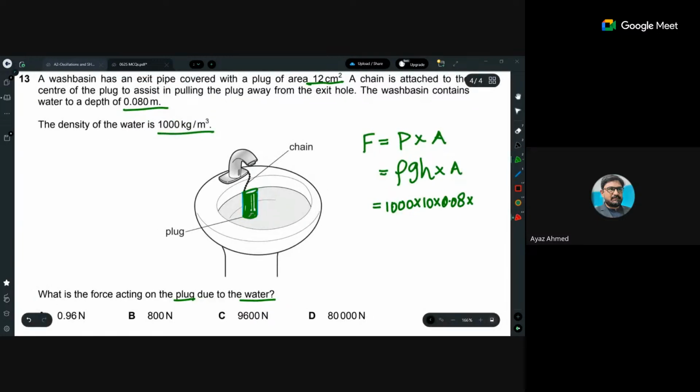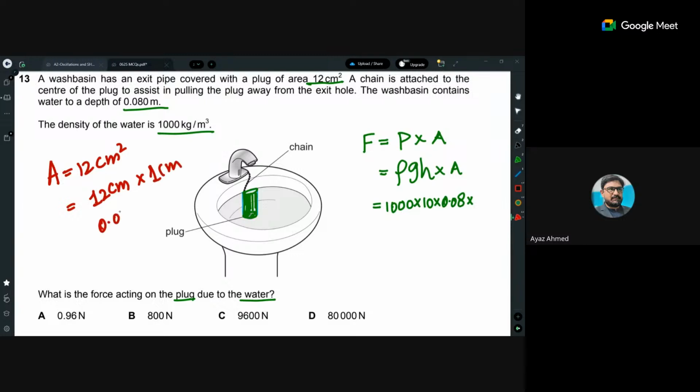I will convert it on the other side of this diagram. The area is 12 centimeter square. You can say it is 12 centimeter into 1 centimeter. 12 centimeter is 0.12 meters, and 1 centimeter is 0.01 meters.